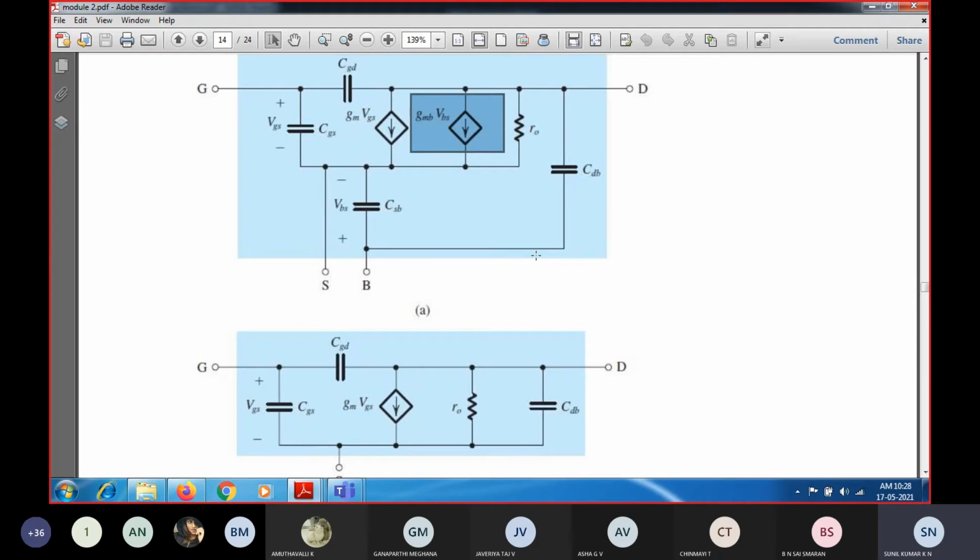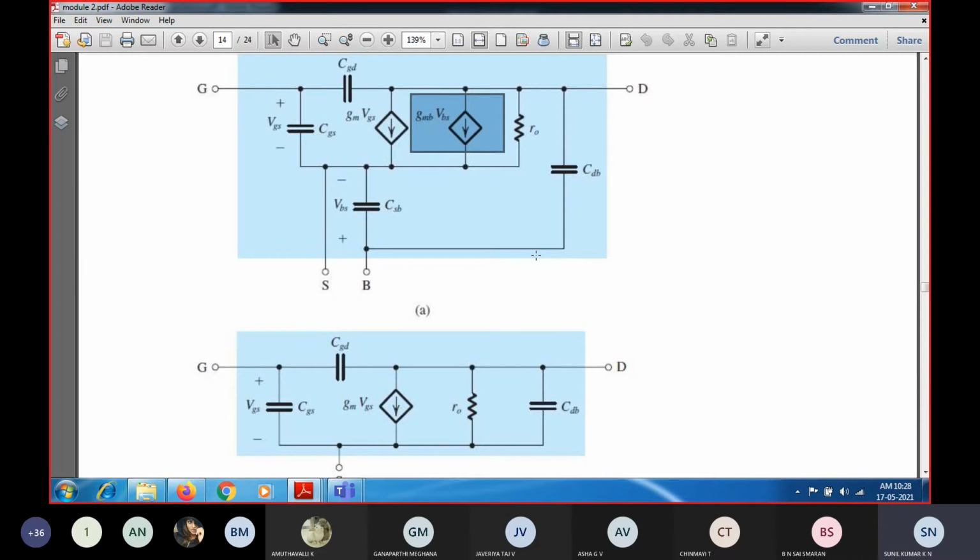So the body terminal will usually be shorted to the source terminal, so that it avoids the non-linear ID characteristics. So the current and voltage characteristics are going to be affected. Because of which we call it the body effect, and that body effect is going to affect the characteristics of the MOSFET.